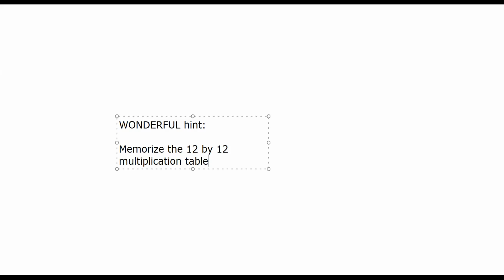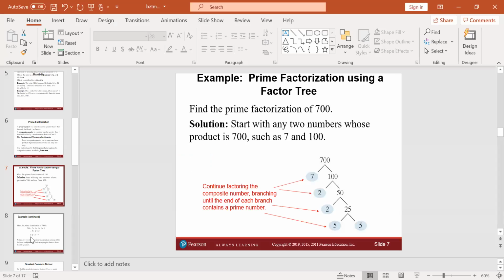I'm going to have to assume that you know the 12 by 12 multiplication table like the back of your hand. You can do 8 times 7. You don't even have to think about it. You could do 11 times 8. You can do 11 times 12 because it's just so fundamental to everything we're going to be doing, especially while we're talking about number theory. So that is my hint to you.